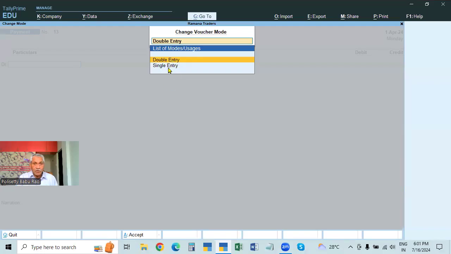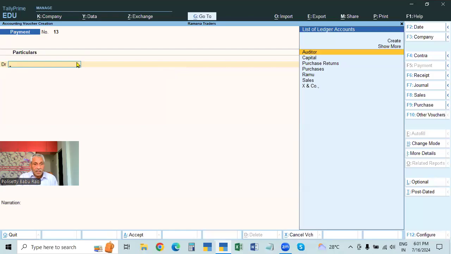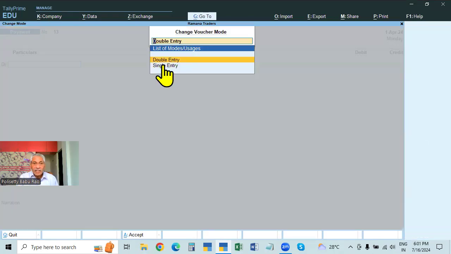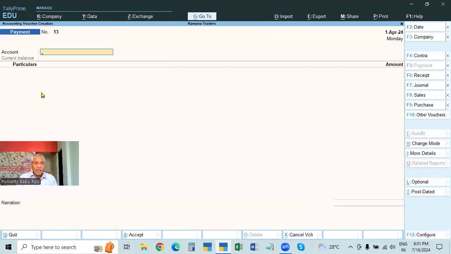In double entry system, we enter the debit, then credit will come, debit and credit. If you go to the single entry system, only one ledger account will be shown above the particulars. The second account will be shown below the particulars. So only one account we are showing.